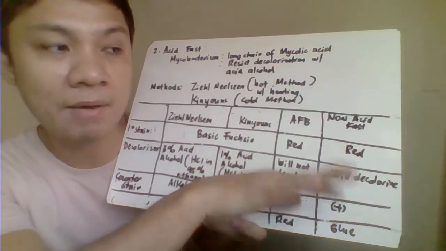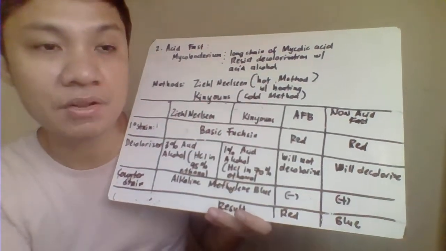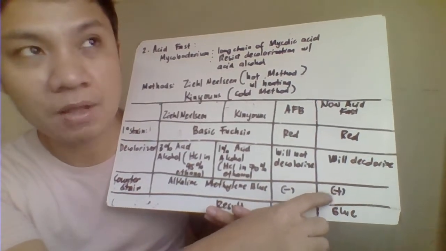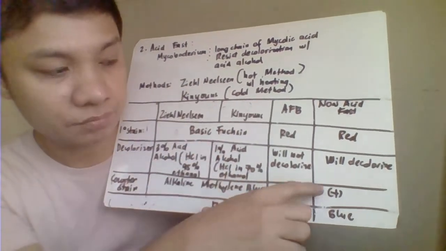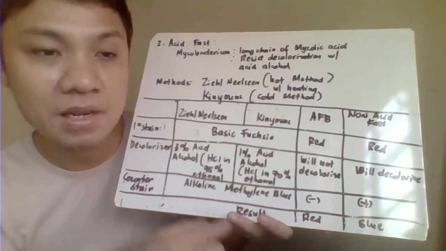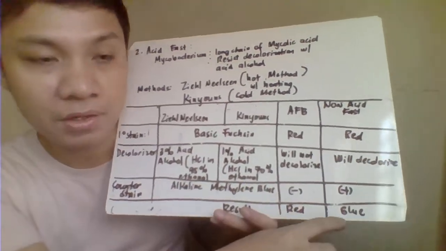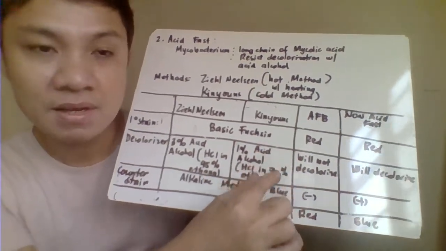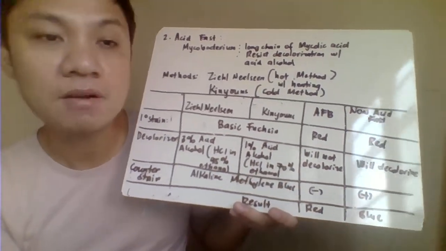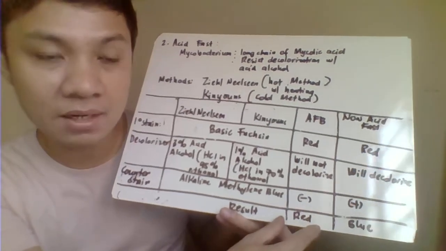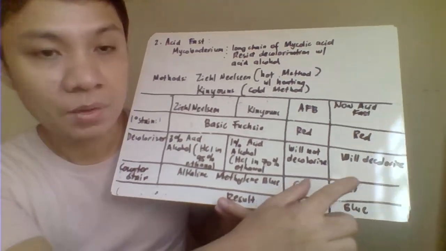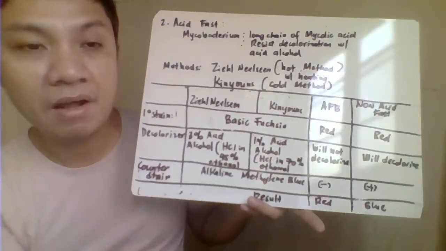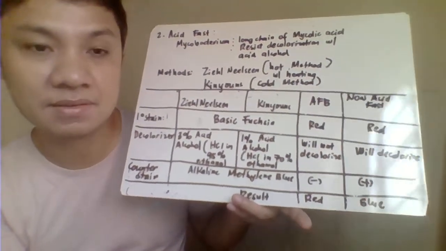Because they have no stain after your decolorization, they will retain the color of your methylene blue as your counter stain. Therefore, there will be a blue color here. So for our interpretation, acid-fast bacilli in the case of your Mycobacterium tuberculosis will be red with your acid-fast staining, whereas your non-acid-fast bacteria will be stained blue after your acid-fast staining.